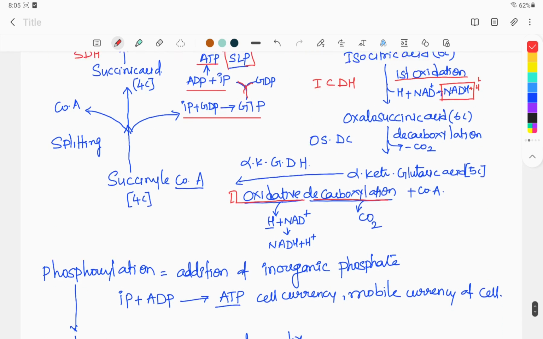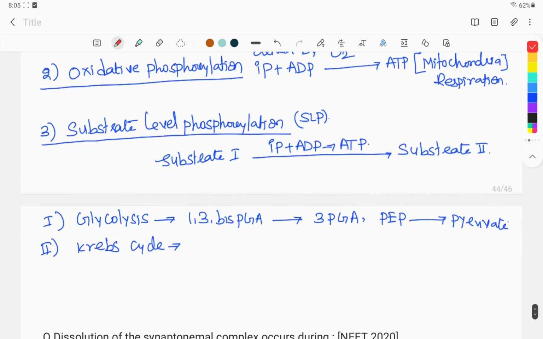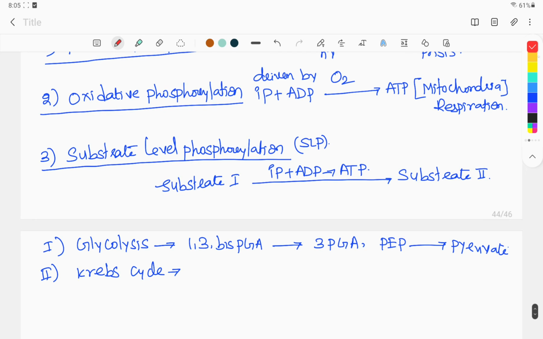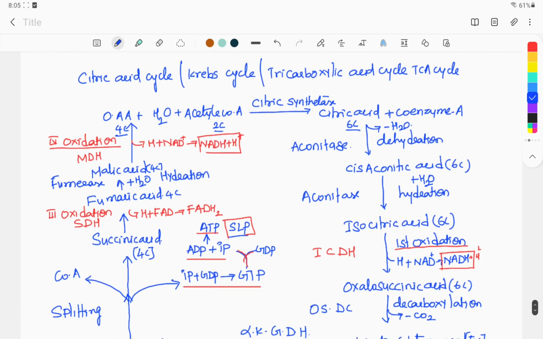So I write the same here. During cleavage of succinyl-CoA, the so-called ATP is formed, which is substrate level phosphorylation.